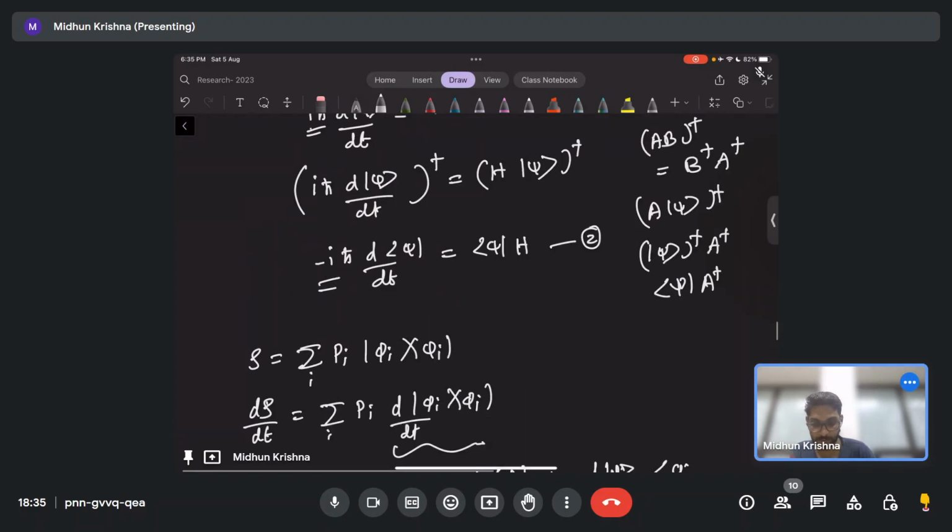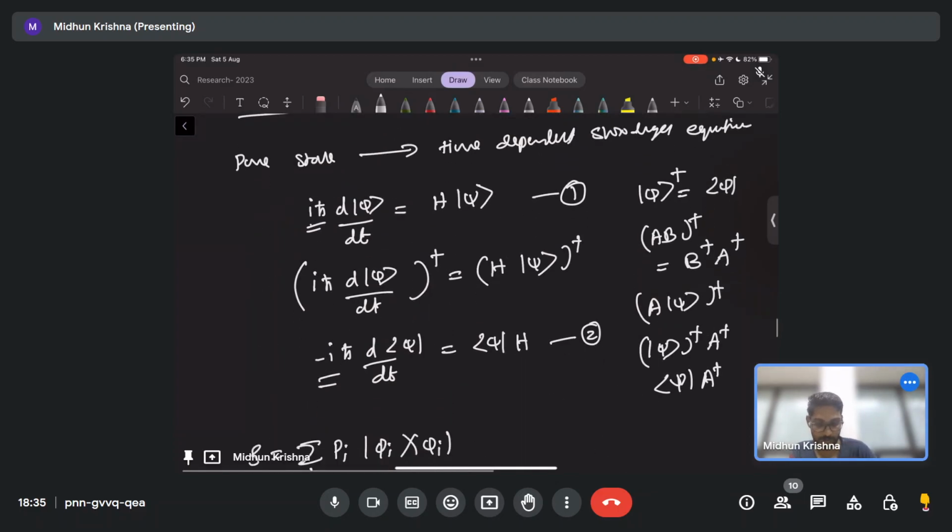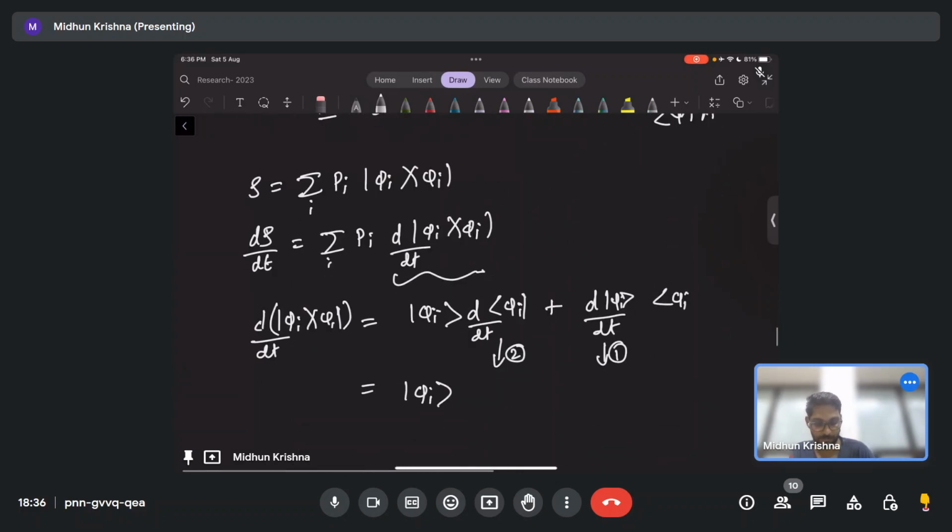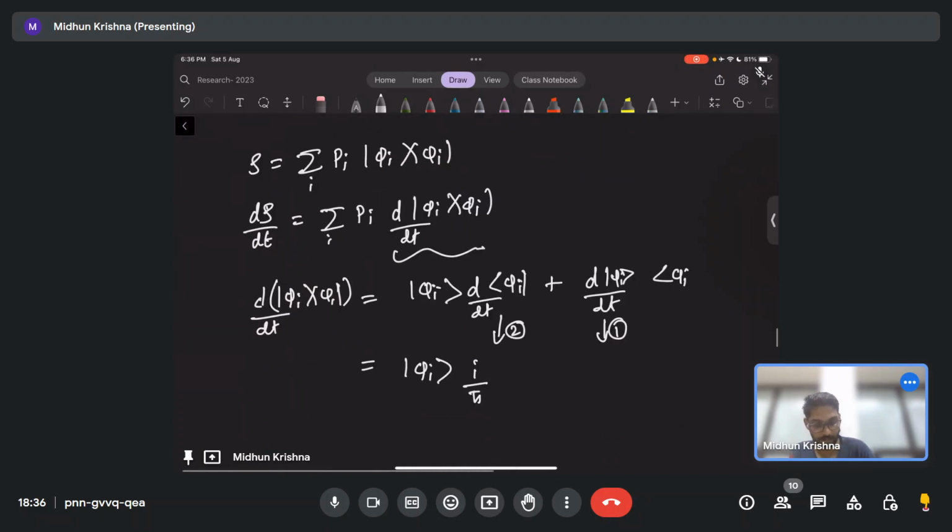So if I do that substitution, what I can show is, what is the ket? The i h squared goes to the other side. I by h squared, phi i h. And the other one would be minus i by h squared, h phi i.